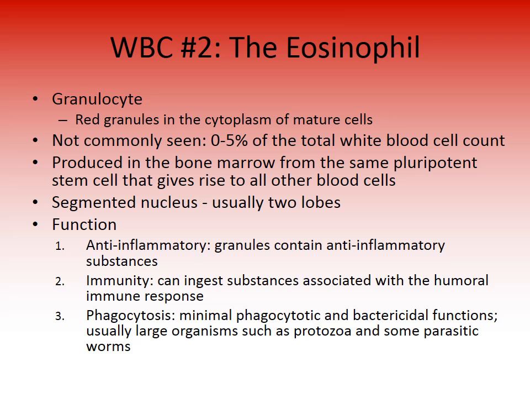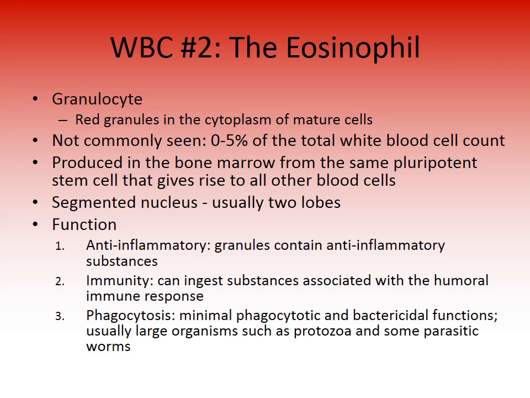Its function is anti-inflammatory. Remember, the granules within these granulocytes all serve a specific function, and in the eosinophil, the granule contains anti-inflammatory substances. So during cases of inflammation, you may find eosinophils present there. It helps with immunity, so it can ingest substances associated with the humoral immune response. We talked about the humoral immune response during immunology.